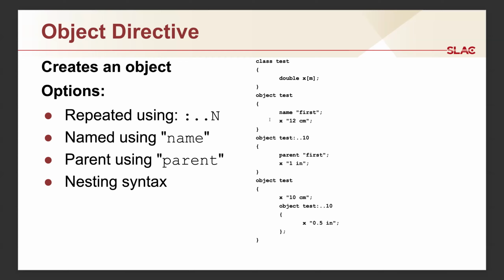Typically, if you declare an object and you give it a name, then you can refer back to it from another object and create a hierarchy of objects. This becomes particularly useful when using solvers where the sequence of updates through the objects is important, which is most solvers. Certainly the PowerFlow solver is very sensitive to that.